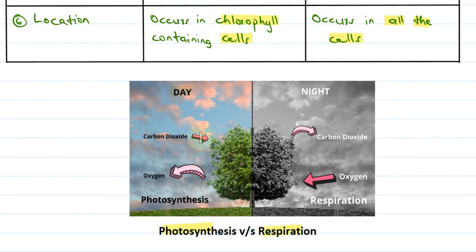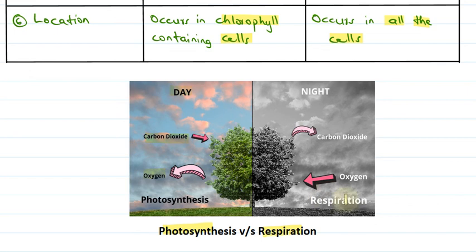During daytime, during photosynthesis, carbon dioxide is being absorbed by the plants and oxygen is being released as a byproduct.